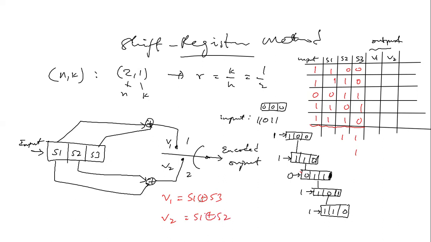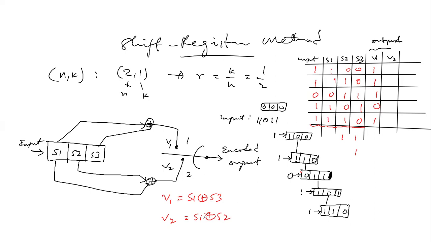So with this, from the connection diagram, we've gotten the relationship to derive V1 and V2. V1 is the input plus S3. This plus this is 1. This plus this is 1. This plus this is 1. This plus this is 0. This plus this is 1.